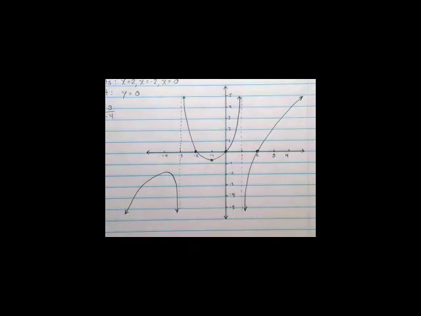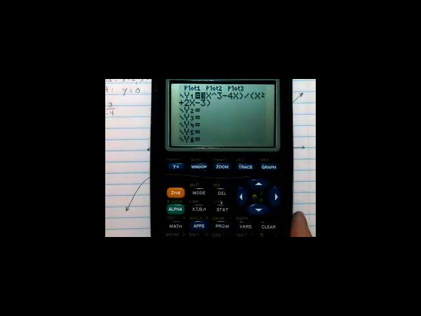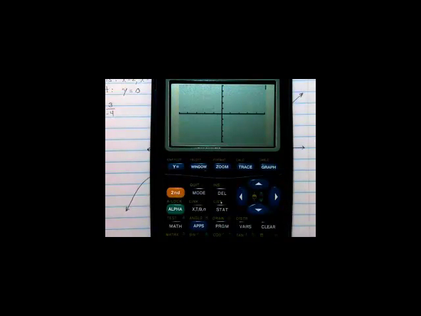So we had x to the third minus 4x on top, divided by x squared plus 2x minus 3. And I'm going to go ahead and make my window just a little bigger. I'll go out to 5s, and let's see what we get. Okay, so I got that typed in. Made my window from -5 to 5 each way, and let's just see what we get.